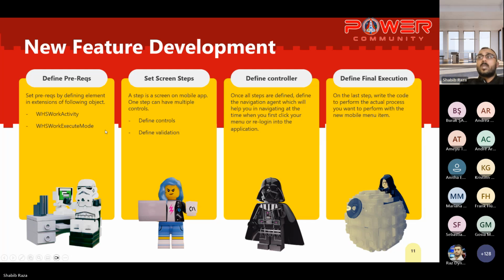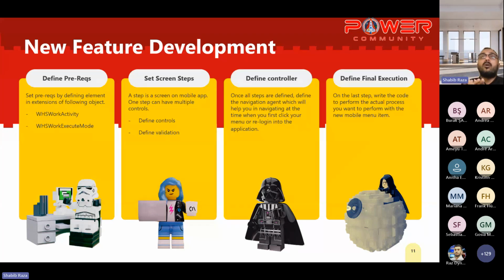The next part is that you need to set how many steps there will be, whether it is 2 or 3. And when you are deciding the steps, you need to be very sure how many controls will be there in those steps, how many validations you need to perform in those steps, and what the exit criteria of each step will be.